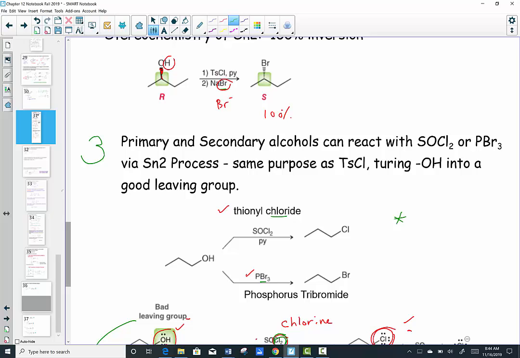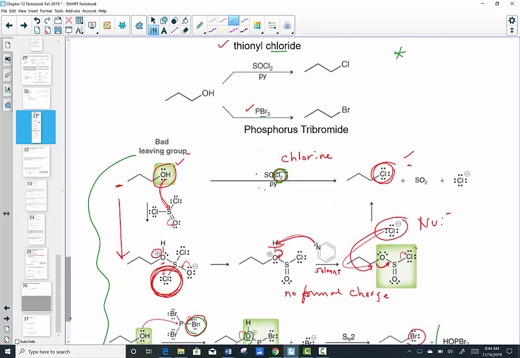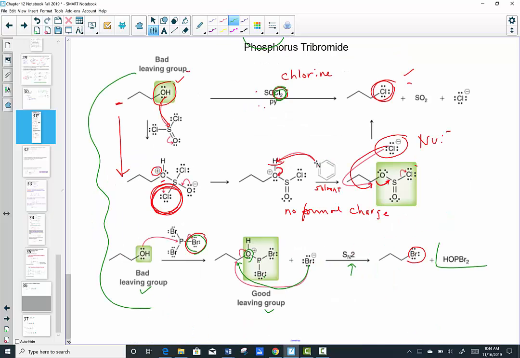Either one will deliver a chlorine just fine. And if you wanted to deliver a bromine, you would use the second choice here, the phosphorus tribromide. Those are the reagents. Make sure that we have those solid on your note page to start using them as we go forward.